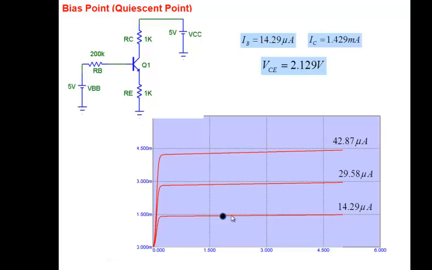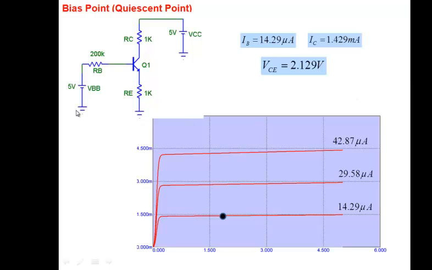Because the base current is 14.29, it lies along this curve. All these curves are for constant base current. So given a base current, I identify which curve it lies on. And then I know VCE is 2.19, so I find that point, and that's the place where my transistor is operating right now.